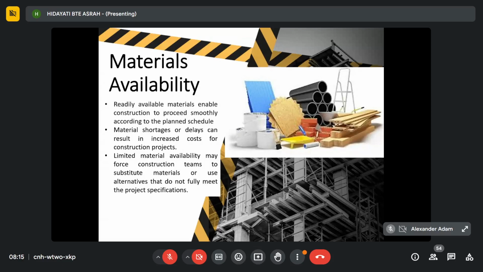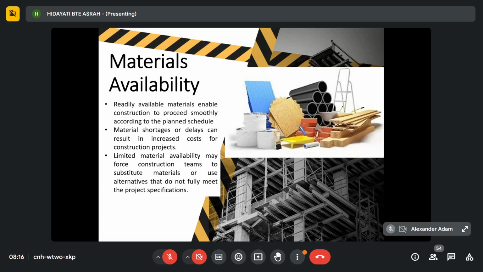Why is this material important? Because material availability directly affects project timelines, the timeline of your project schedule. If the materials are available for that project, it will enable construction to proceed smoothly according to your planned schedule.